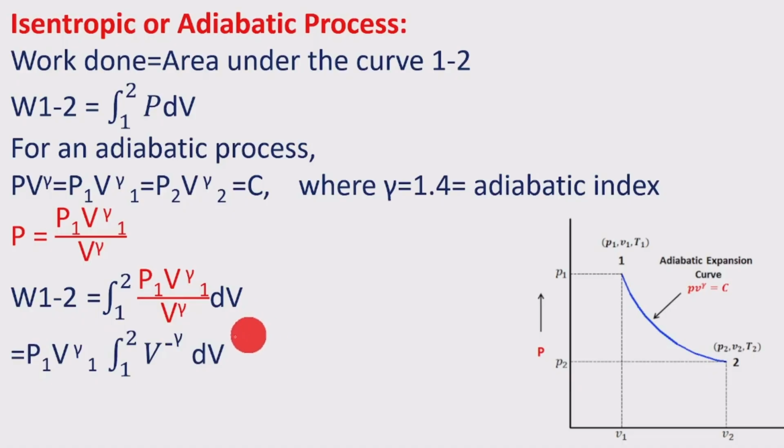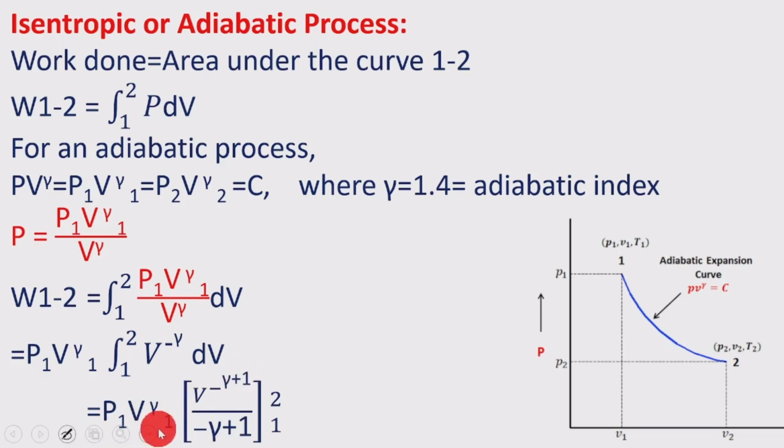Then for this integration, P1 V1 raised to gamma is taken as a constant outside, and the integration from 1 to 2 of V raised to minus gamma. If you take this V raised to gamma from the denominator to the numerator, we get V raised to minus gamma dV.